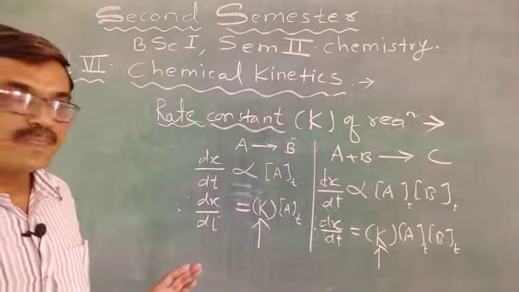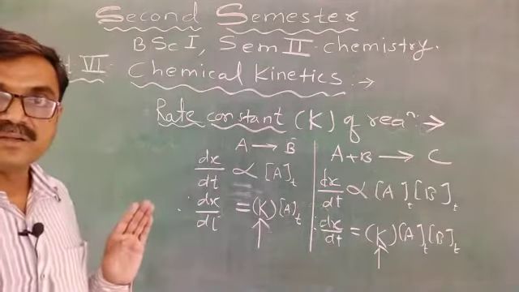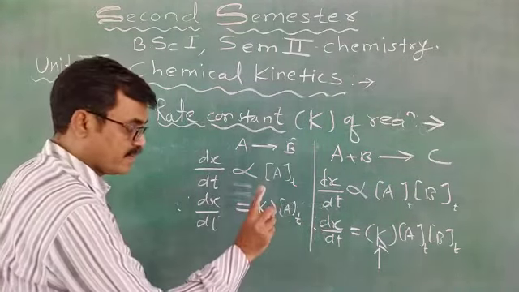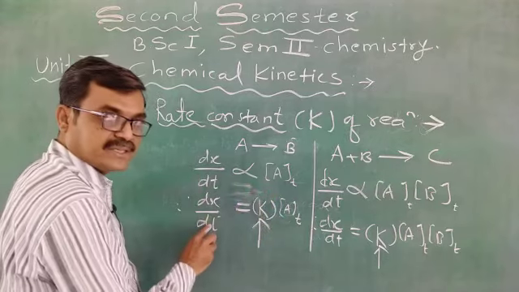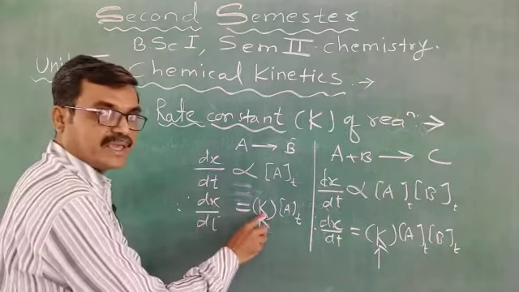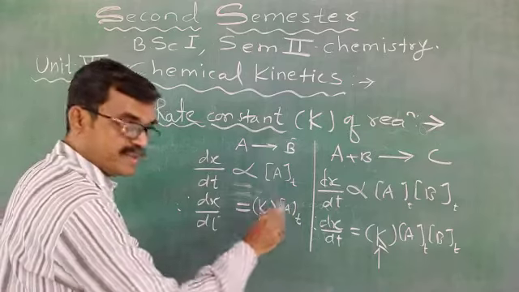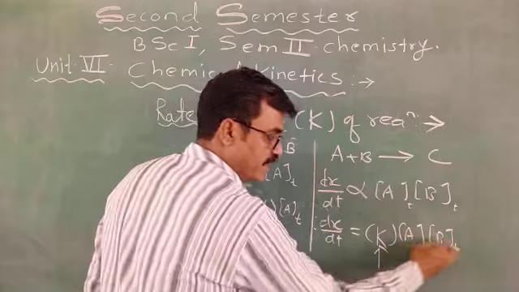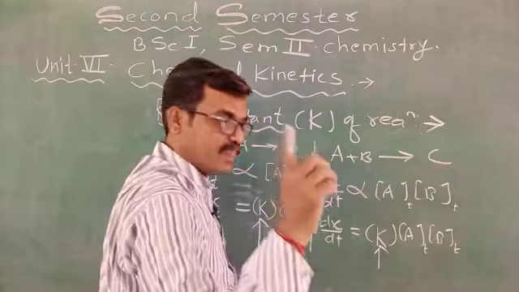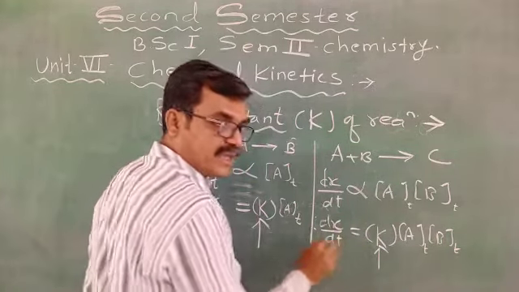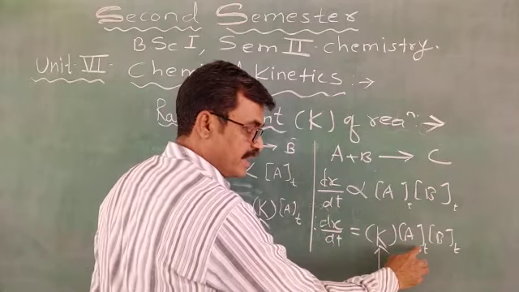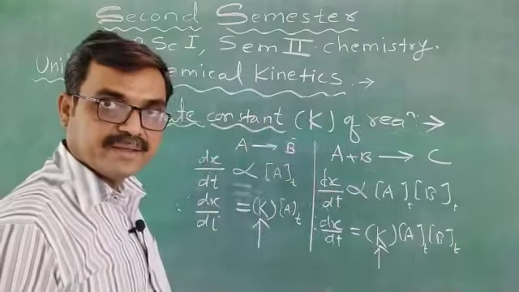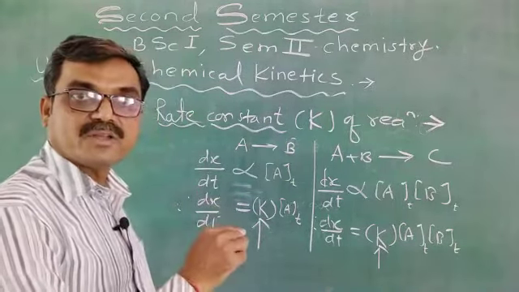Now see the definition of this rate constant carefully. If the concentration is 1 or unity, then dx by dt equals K if the concentration of A at time t is unity. And here also, if the concentrations of A and B at time t are equal and equal to unity, then dx by dt equals K. This is nothing but the rate constant.